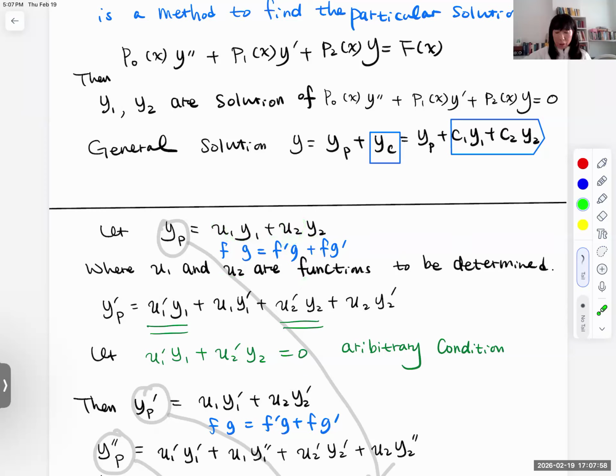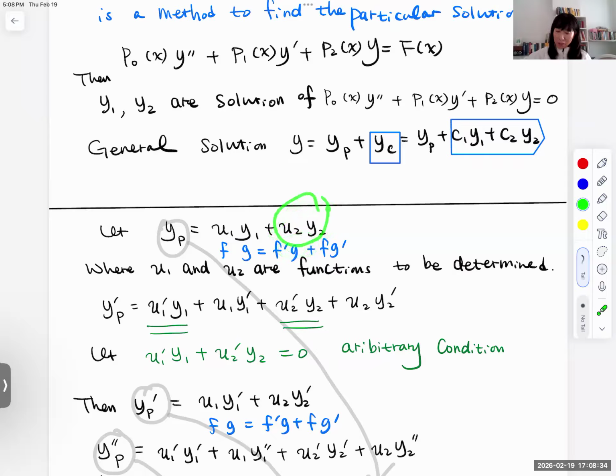If we want to take the derivative, for the first term we use the product rule: u sub 1 prime, y sub 1, that is f prime g, plus f g prime, which is u sub 1, y sub 1 prime.